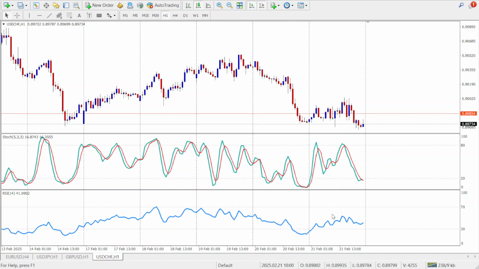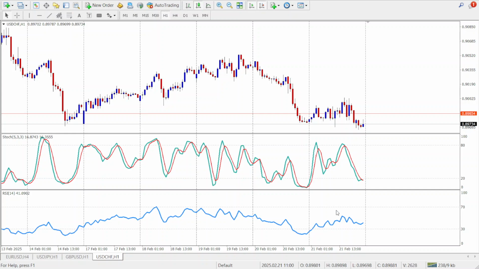Now, both are momentum oscillators, but they each give you a slightly different perspective on market conditions. While the stochastic measures price momentum, the RSI tells you whether an asset is overbought or oversold in terms of momentum strength. So when you use them together, you can confirm signals from one indicator with the other.